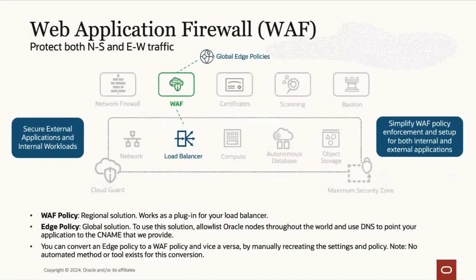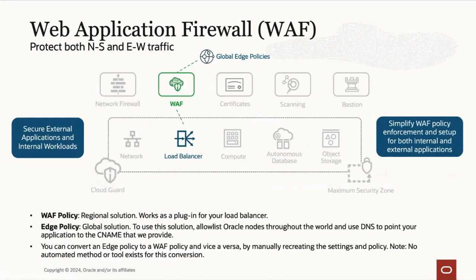So WAF is a regional and edge enforcement service that, once again, is attached to enforcement points. This can be the load balancer in general for a MuShop application, or it can be a web application domain name. The main goal of WAF is to protect your applications from malicious and unwanted internet traffic.